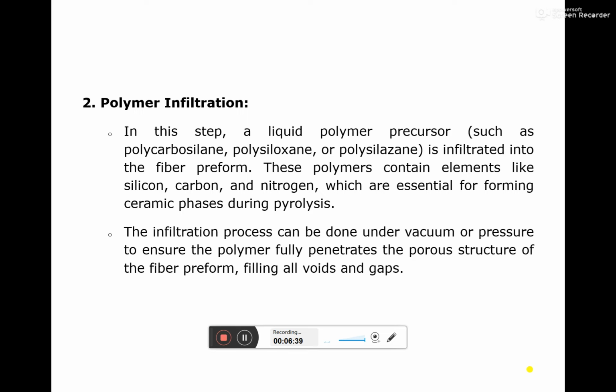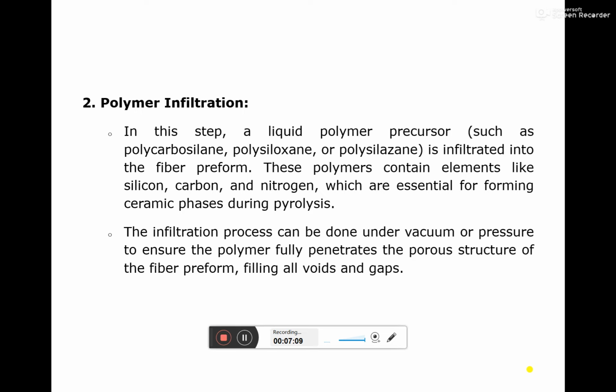For example, why polycarbosilane? Because it consists of silicon, which is essential to develop the silicon-related ceramic phase. For that purpose, we are using this type of polymer precursor material.